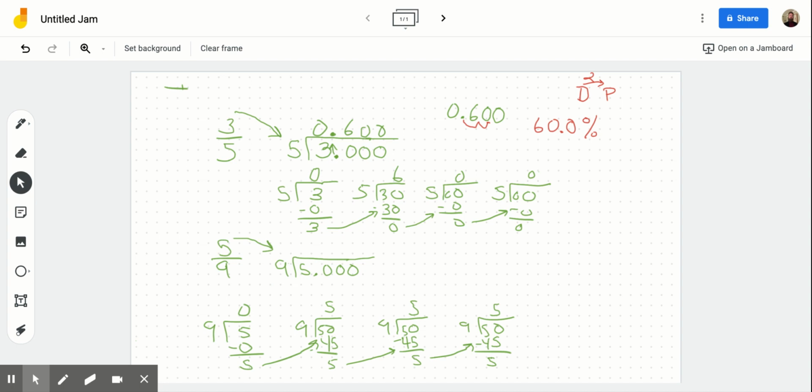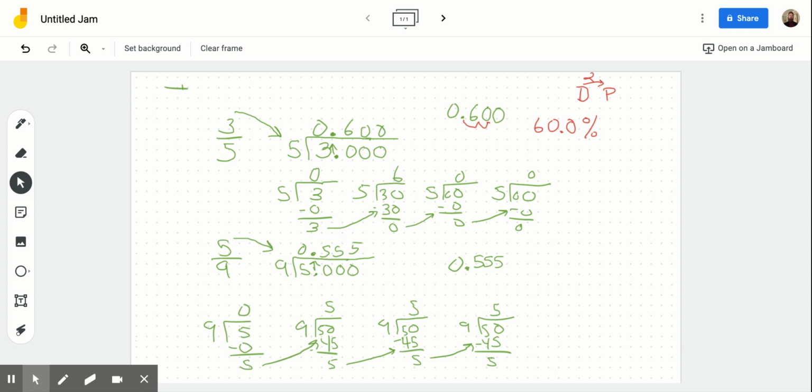So now I'm going to take these answers, and again, I'm going to start from the back. 5, 5, 5, 0. Decimal comes straight up. Now we're going to write our decimal over here, 0.555.